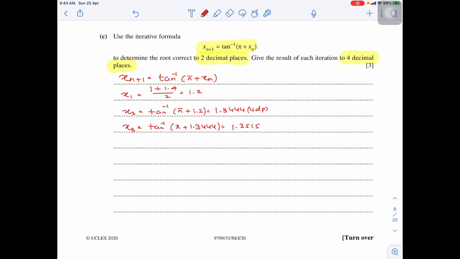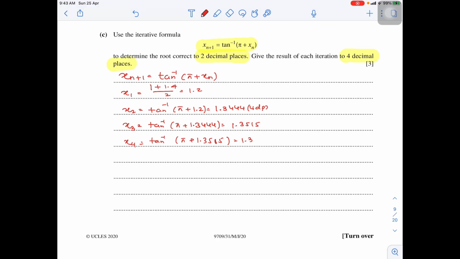The final answer should be 2 dp. x3 is tan inverse of pi plus 1.3444 and we get 1.3515. x4, tan inverse of pi plus 1.3515 and we get 1.3518. x5 now, tan inverse of pi plus 1.3518 and I get 1.3518. So I'm getting twice the same answer.